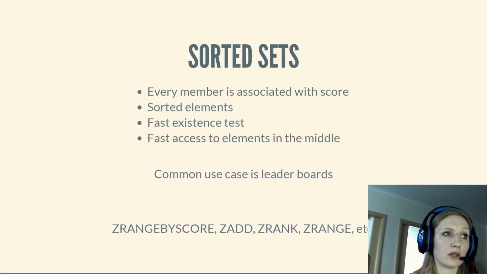Using the score, you can reorder them the way you need and update the information very easily. That's probably the most complex type of data, but at the same time it shows great performance. Elements are ordered, you get a fast existence test, and at the same time fast access to elements in the middle. That's what you want, and there are lots of commands used for this type of data.